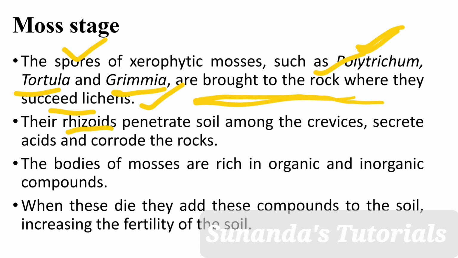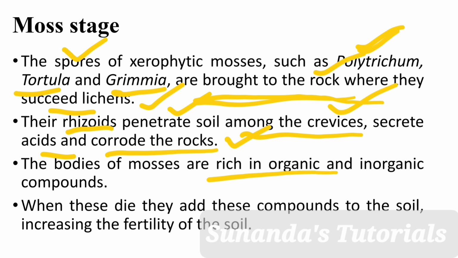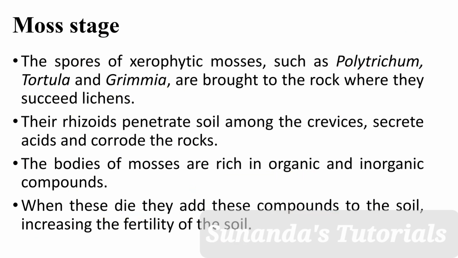Their rhizoids, or root-like structures, penetrate into the soil among the crevices, secrete acids and corrode the rocks. The bodies of mosses are rich in organic acids and inorganic compounds. When these die, they add these compounds to the soil, increasing the fertility of the soil.